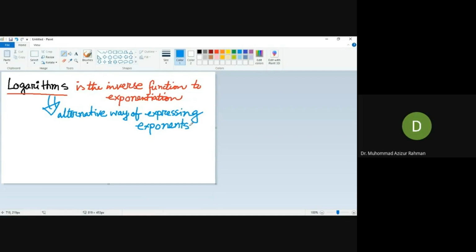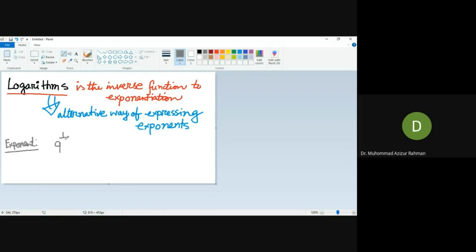So if we see these two as an example, for example, the exponent function, the exponential function, 9 to the power half. What is this?